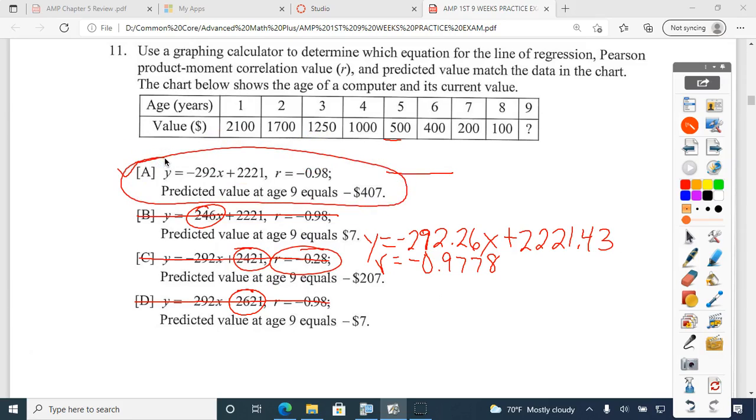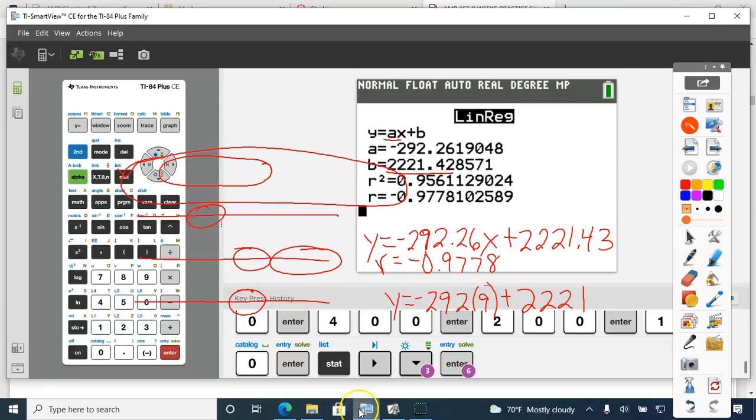If you want to predict the value at age 9, you can plug in 9 to this equation. So negative 292 times 9 plus 2,221. And if you put that in your calculator, you should get negative 407. So let's see if that's true.